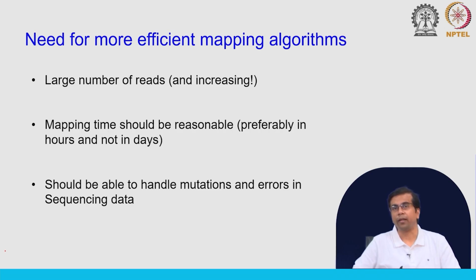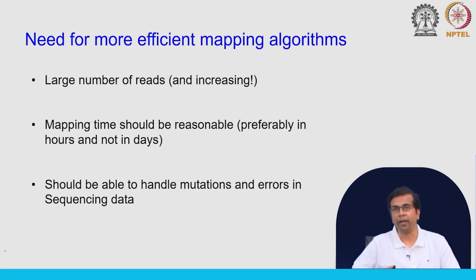It should also be able to handle mutations and errors in the sequencing data. This is something that is very important. Compared to other kinds of applications where we have perfect matches, so if you are looking for a pattern in a text, we are mostly looking for perfect matches, but here when we are generating sequencing data, we have genuine mutations.